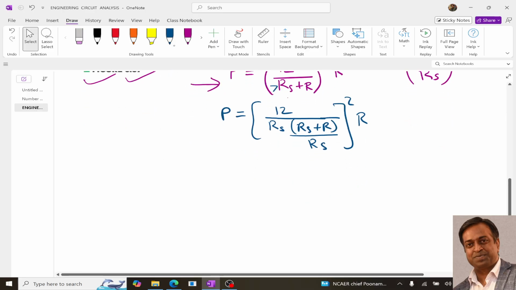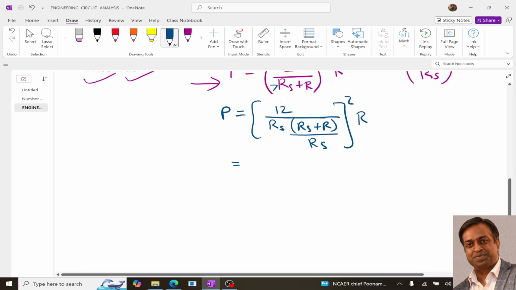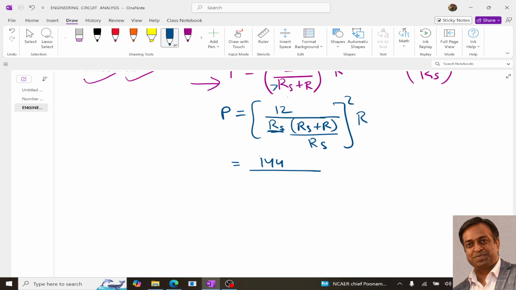Solving this, I will get 144 upon, now I can take this RS out of the square bracket, so it will become RS square because we have a square term.